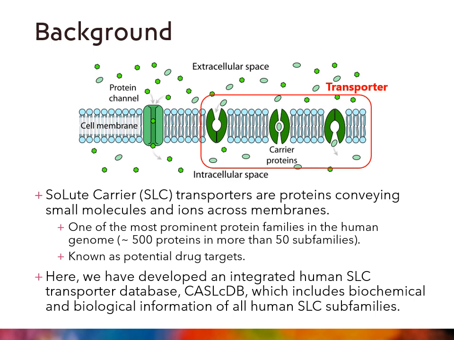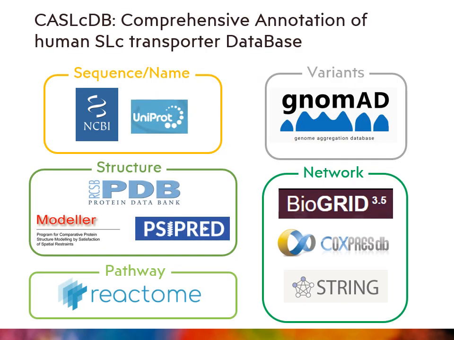Here, we developed an integrated SLC protein database called CastleDB to provide biological and biochemical information of all human SLC transporters. CastleDB includes various kinds of information such as sequence, structure, pathway, genetic variant, and biological networks.